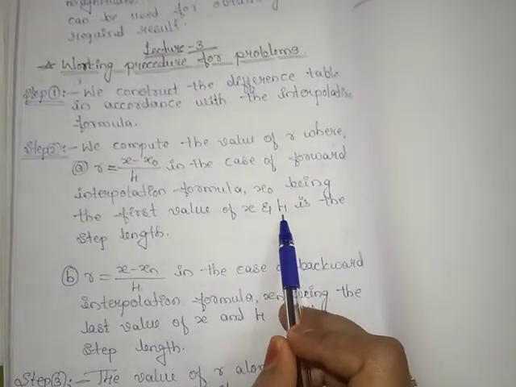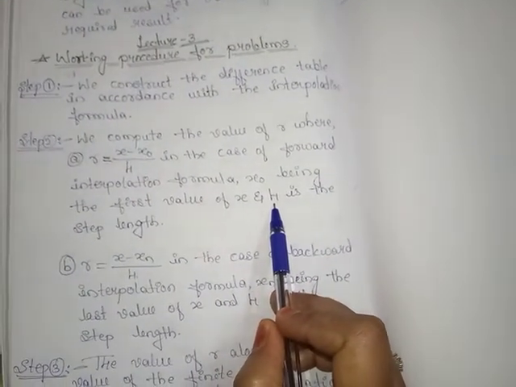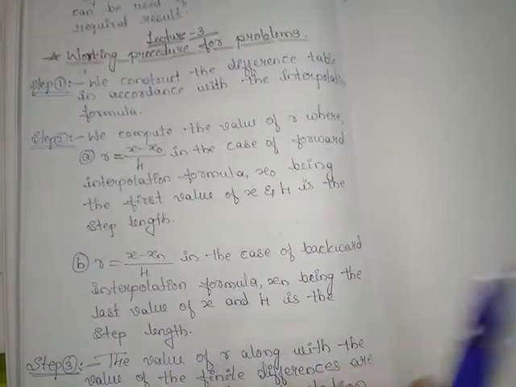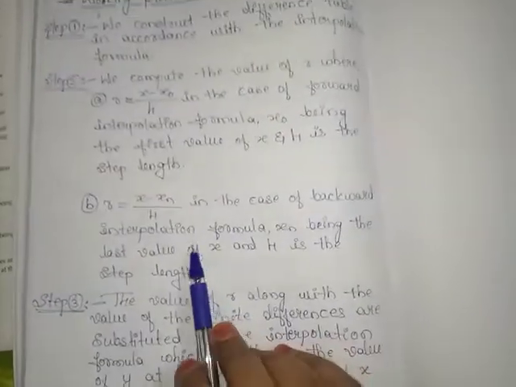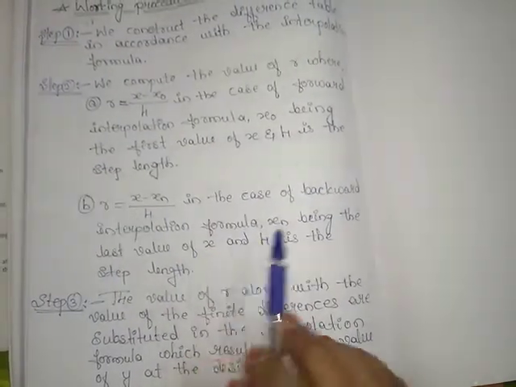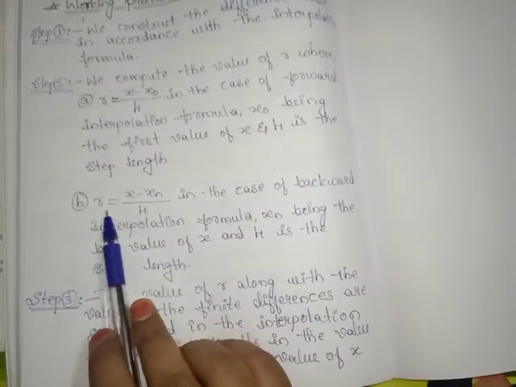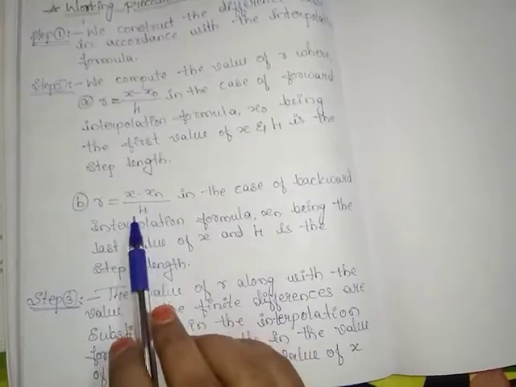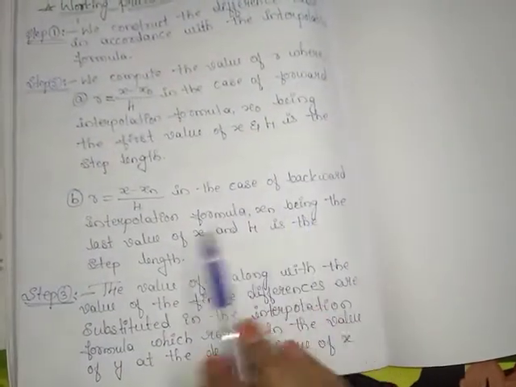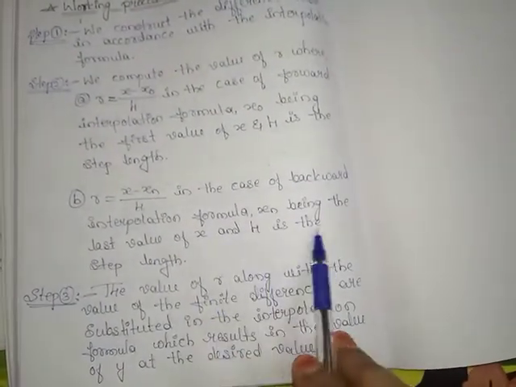And if you are applying Newton's backward interpolation formula, r is equal to x minus xn divided by h, where xn is the last value of x and h is the same step length.